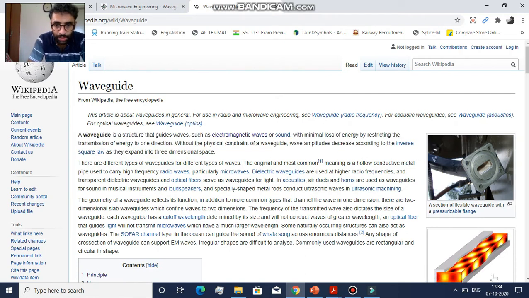Without the physical constraint of a waveguide, wave amplitudes decrease according to the inverse square law as they expand into three-dimensional space. So 2-3 important points to note down here.